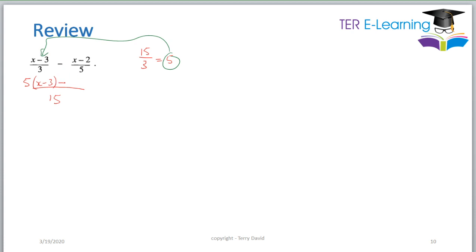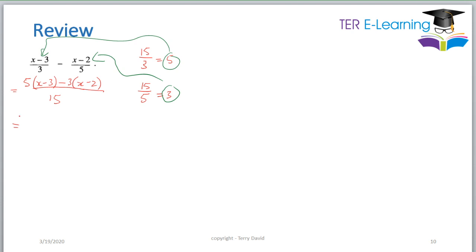You're going to put back your minus sign here. Then we're going to say 5 into 15. So 15 divided by 5, you're going to get 3. You're going to take this 3 and multiply it by what's on top, so that is going to be 3 multiplied by x minus 2.